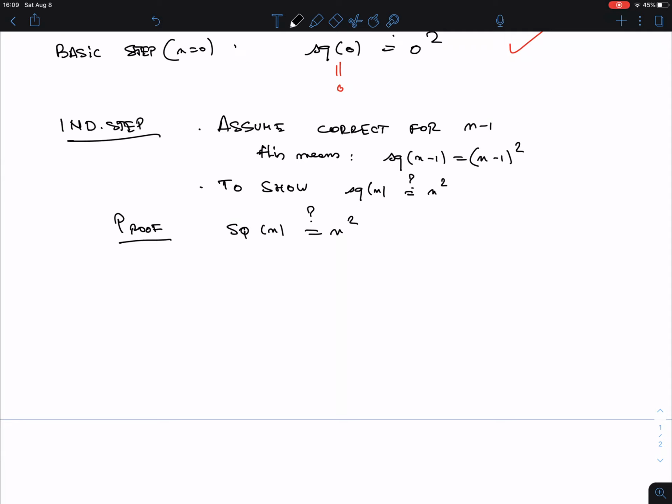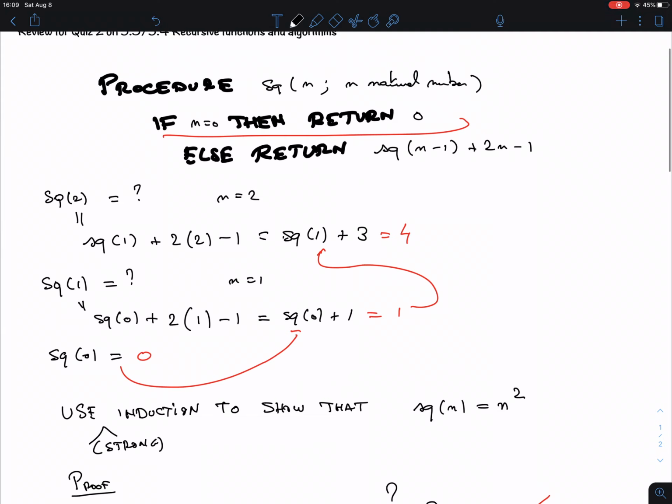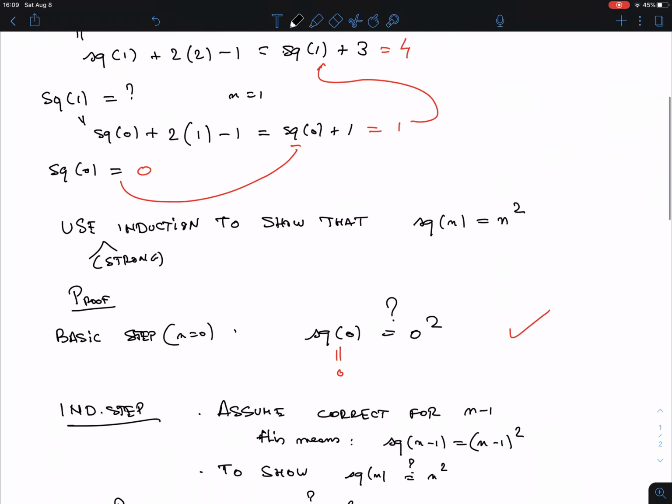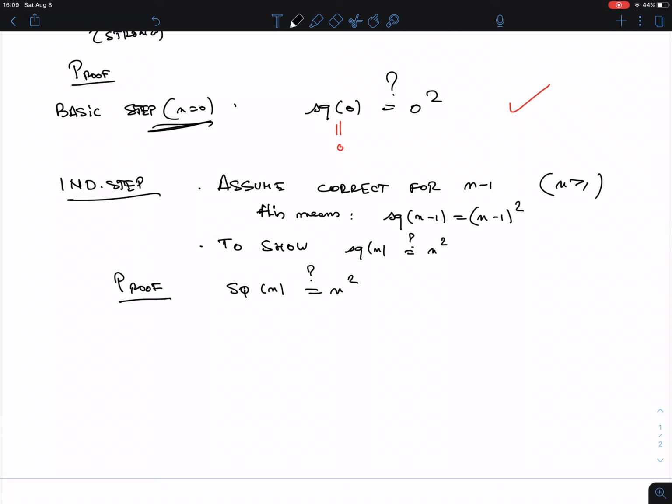We can work with the left-hand side, because we have a recursive algorithm that says what square of n is in terms of square of n minus 1, or in general of the function in terms of the previous values. And so what we are dealing with is this formula here. This is now for n at least 1, because we dealt with the n is 0 case, so that n minus 1 is well defined.